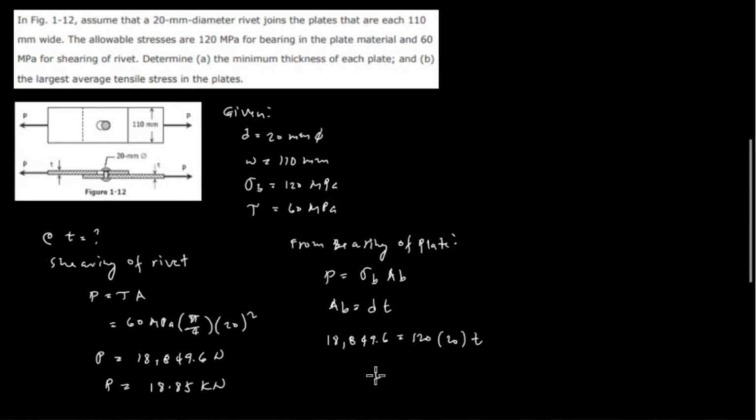And for the thickness of the plate, 18,849.6, we divide by 120 times 20, and the thickness is equal to 7.85 millimeter, and that's the thickness of the plate.